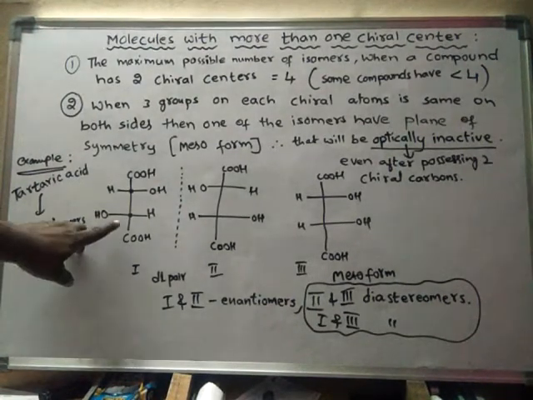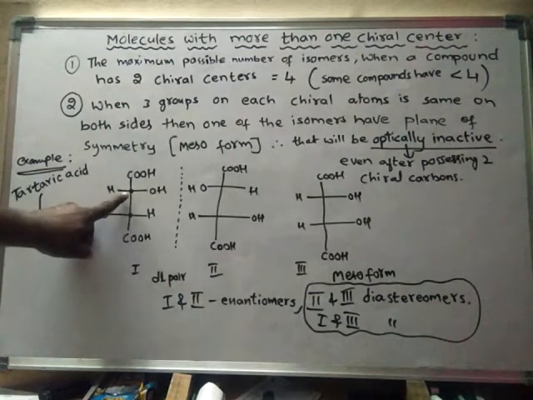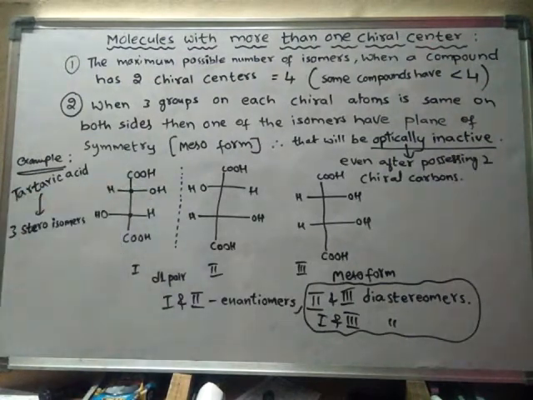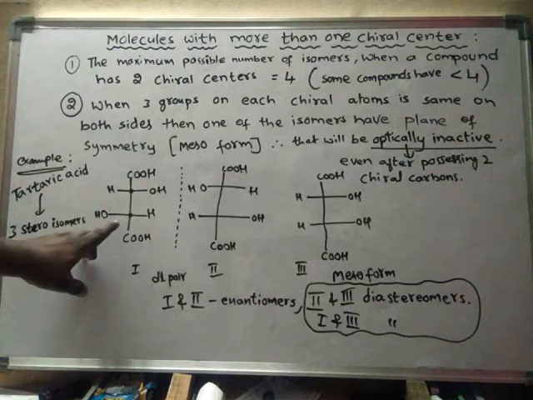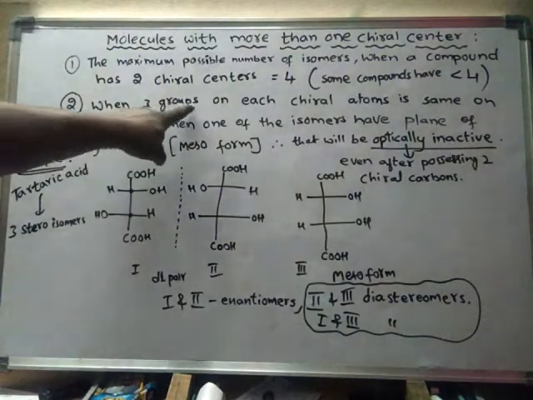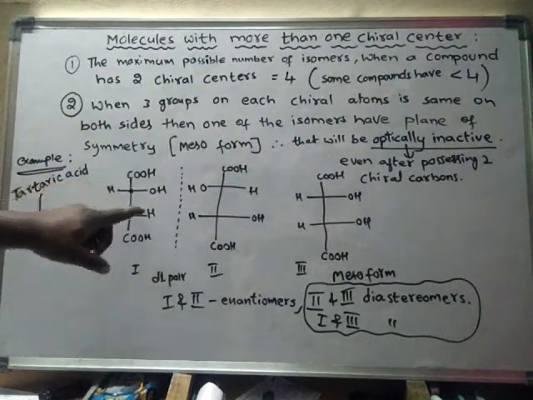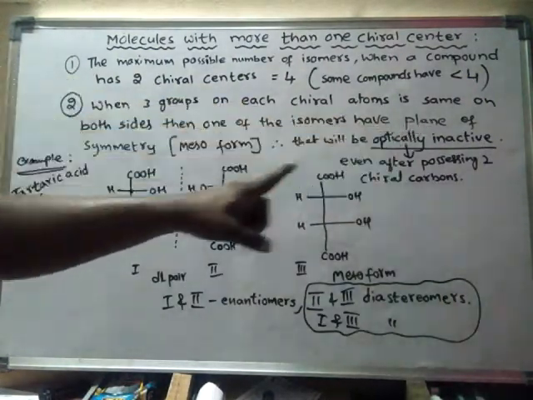See, in this case there are 2 chiral centers, and these two chiral carbons have 3 similar groups. So when 2 chiral centers are present and 3 groups on each chiral atom are the same on both sides, then one of the isomers has a plane of symmetry.